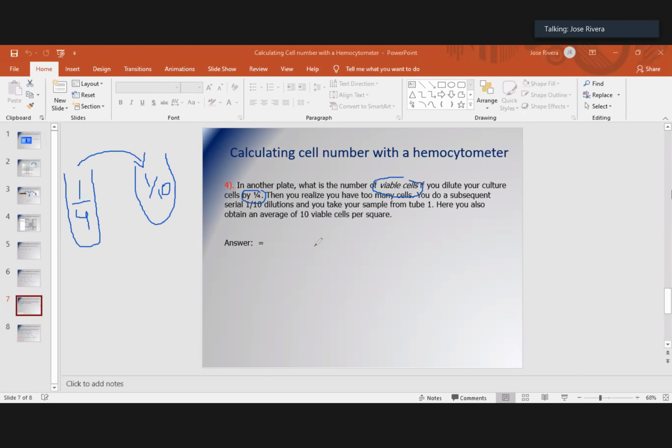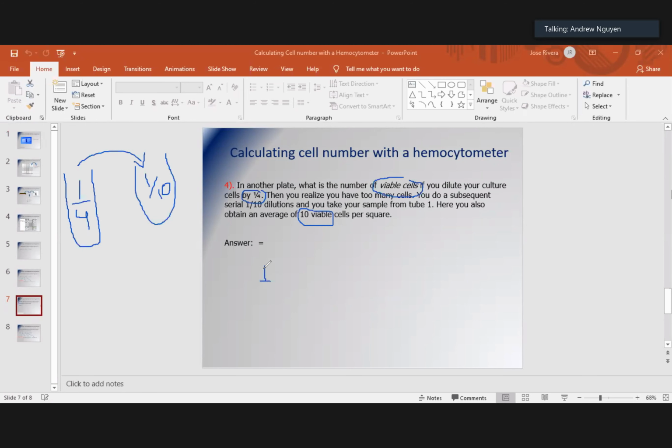So what is the number? Let's say you have an average of 10 cells per square, using the same number as before. Can anybody tell me how do I get the answer here? What is the first number I put here? Everything is given to you already. So you put 10, right?